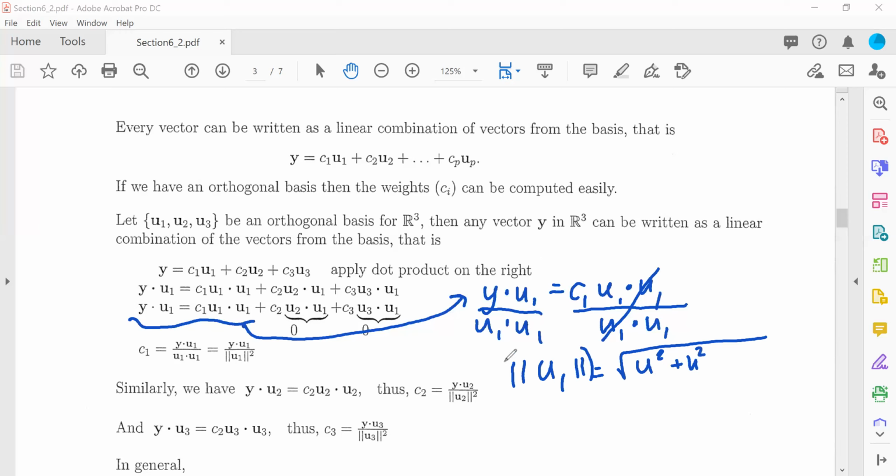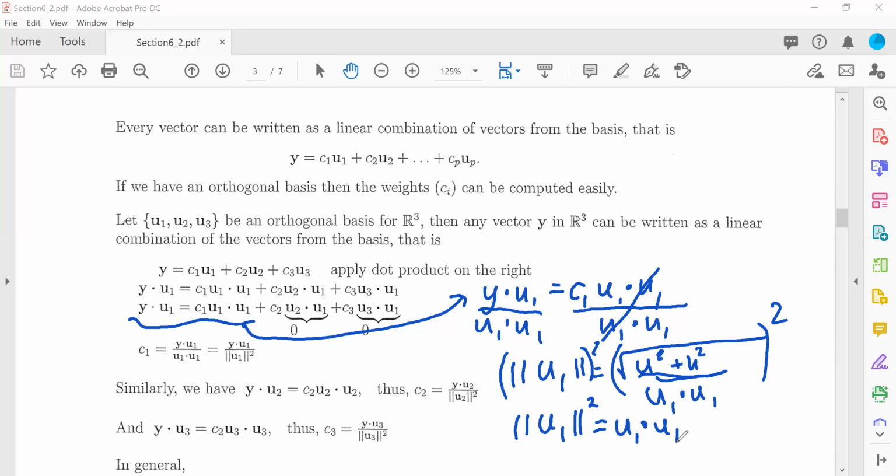So if I square both sides, I would be left with this part, which is u1 dot product u1. So the norm, or the length squared, is equal to u1 dot product u1.